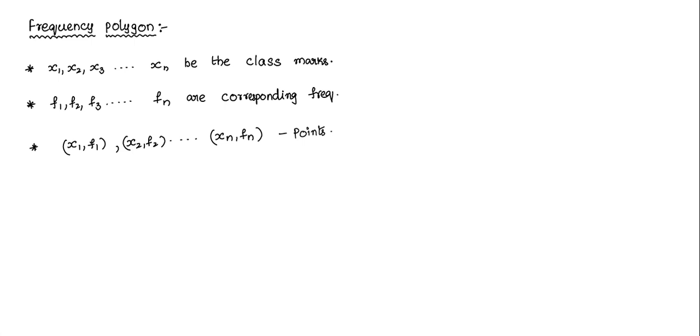And finally, one more point you need to remember here: we need to add two class intervals, one at first and the other at last. That means two intervals with frequency 0 we need to add.